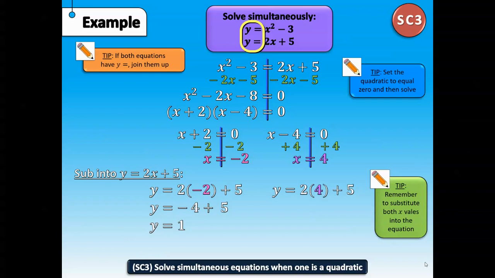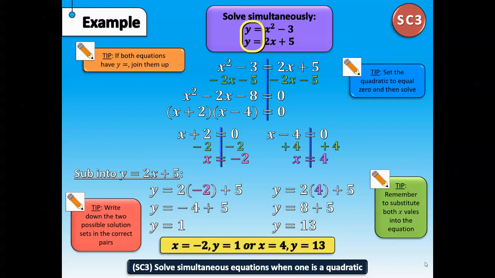And when x equals 4, y will equal 13. So this means my answers are x equals minus 2 and y equals 1, or x equals 4 and y equals 13.